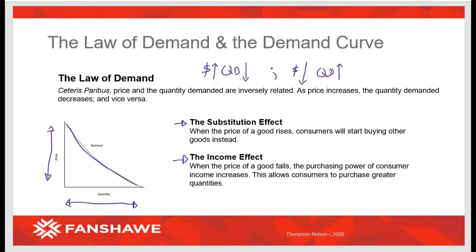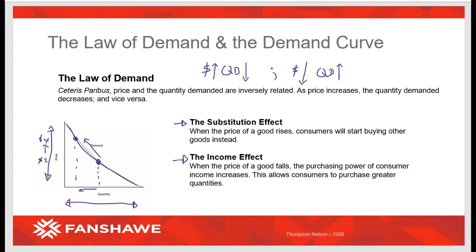Another way of looking at it: if this is the current actual price of Tim Hortons coffee and it's $2, then if Tim Hortons raised the price to $4, there would be a lower quantity demanded, right? Quantity would decrease, and we would see a movement along this curve.